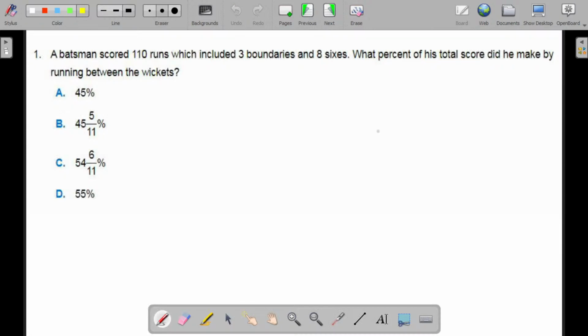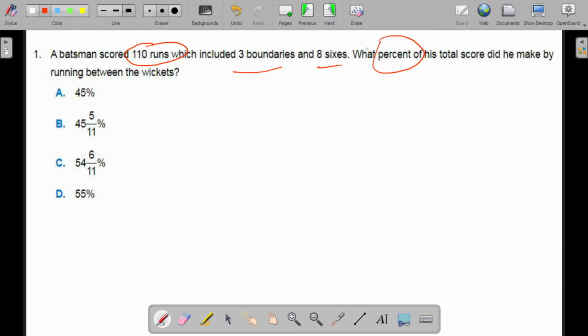So please go through this problem and find out the answer. Please mention it in the chat box. A batsman scored 110 runs, which included 3 boundaries and 8 sixes.